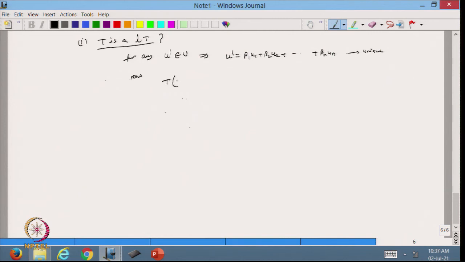Now, T of u plus u', let us see what is going to happen. This can be written as T of u, where u is alpha 1 u 1 plus alpha 2 u 2 up to alpha n u n, plus beta 1 u 1 plus beta 2 u 2 up to beta n u n.